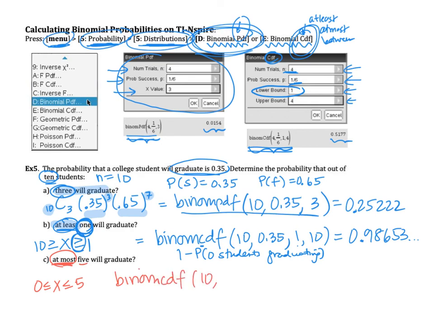We have 10 possible people. Probability of success is 0.35, right? Our lower bound this time is 0, and our upper bound is 5. So you should plug that in, binom CDF, and you are going to get 0.90506, etc.